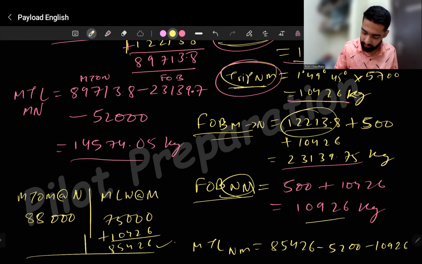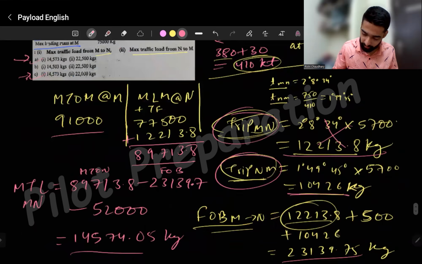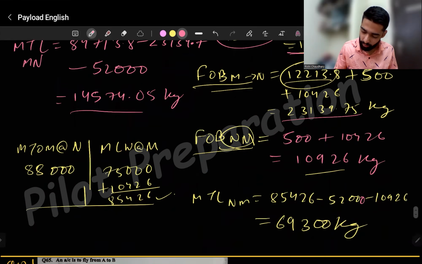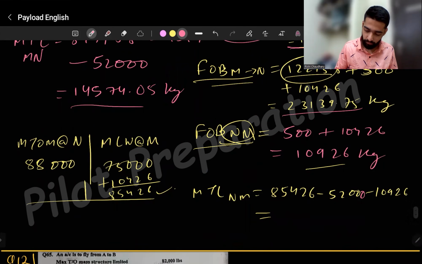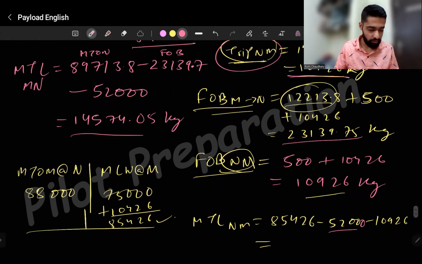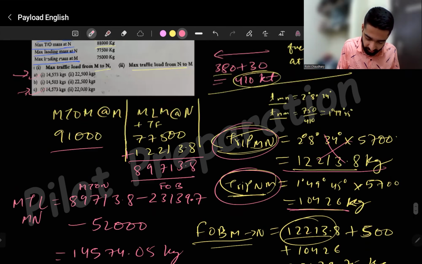So this comes out to be 22,500 kg. This should match somewhere. So this is my answer.